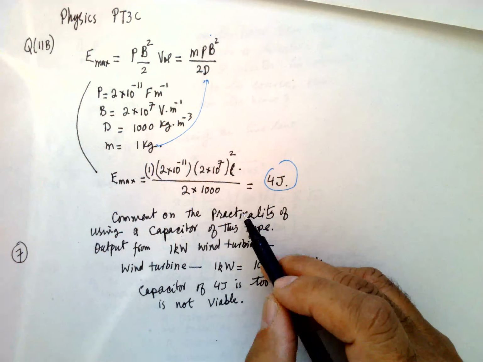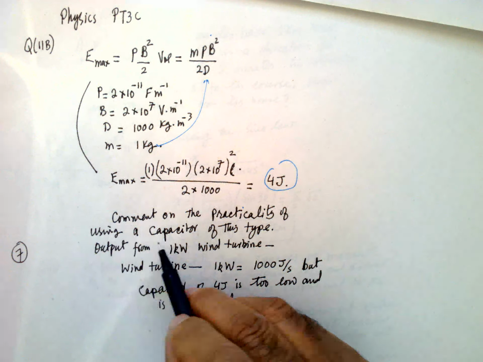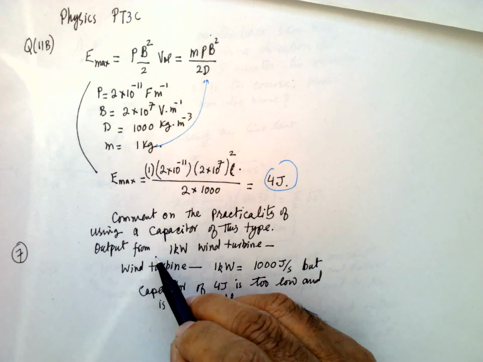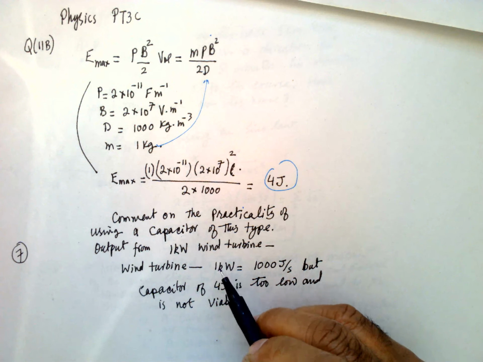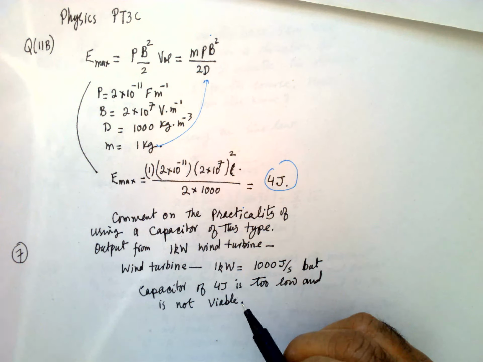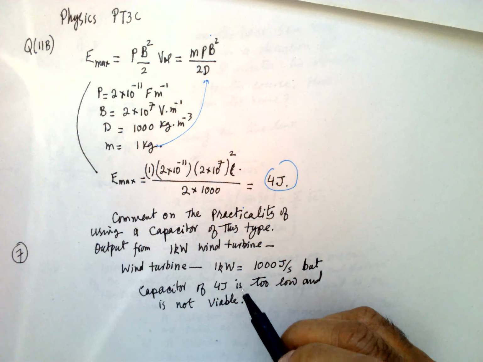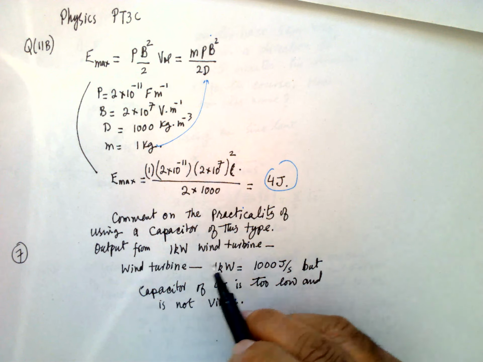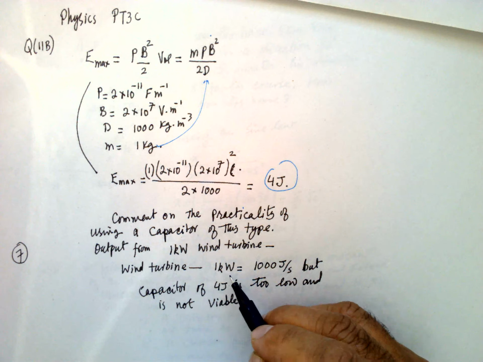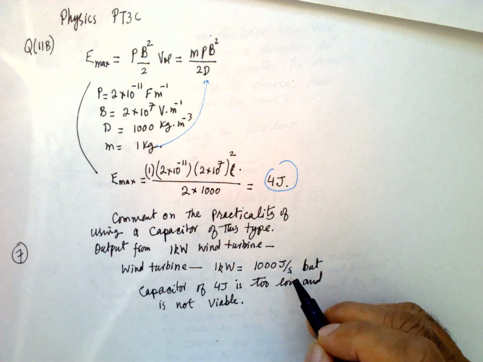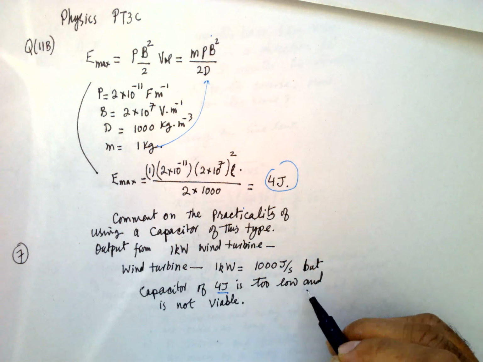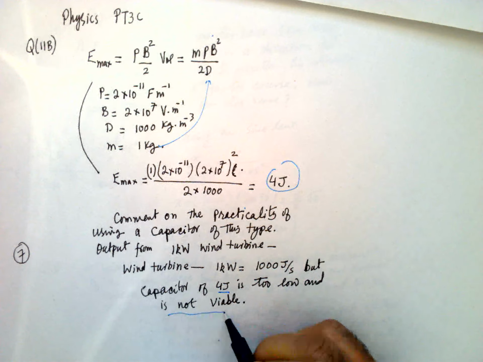Comment on the practicality of using a capacitor of this type. Compare with the output from a 1 kilowatt wind turbine, which is 1000 joule per second, but the capacitor stores 4 joule, which is too low and not viable.